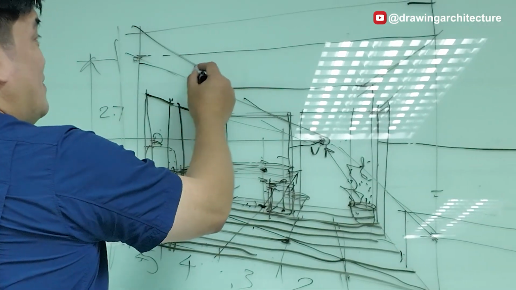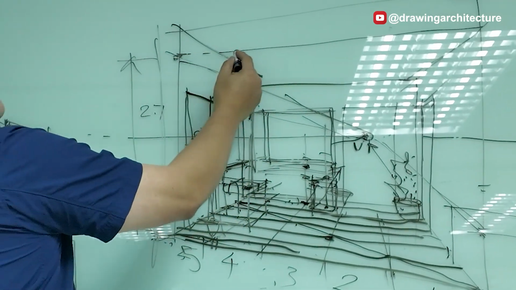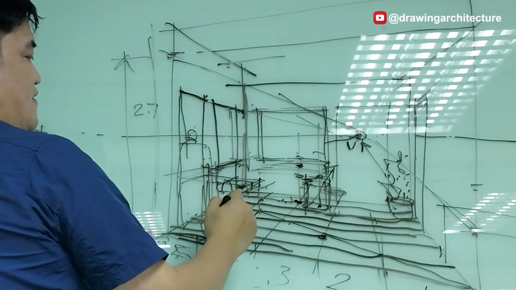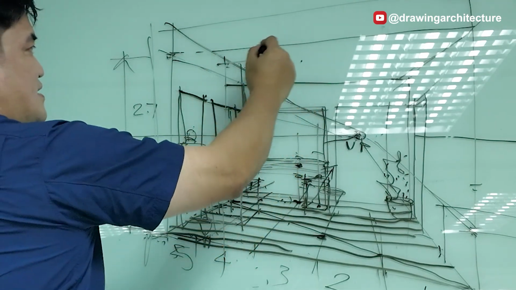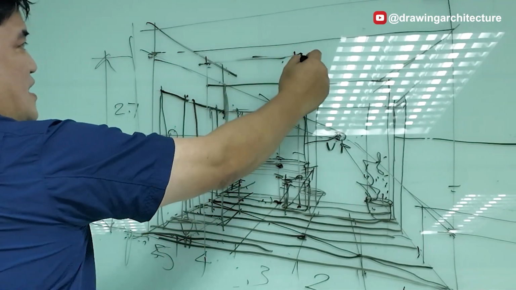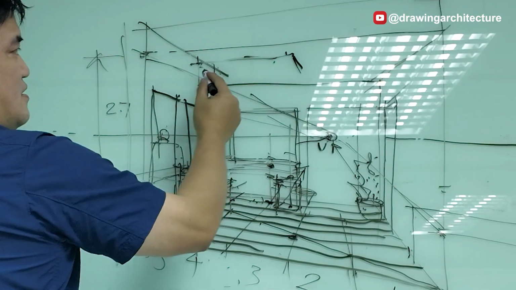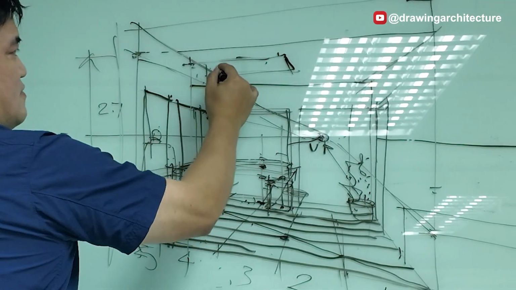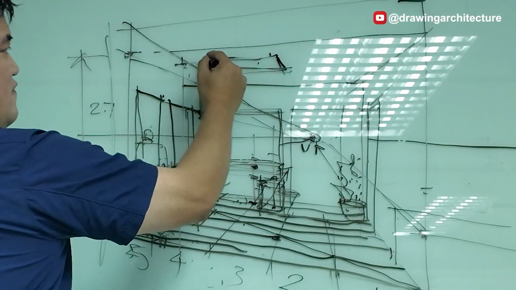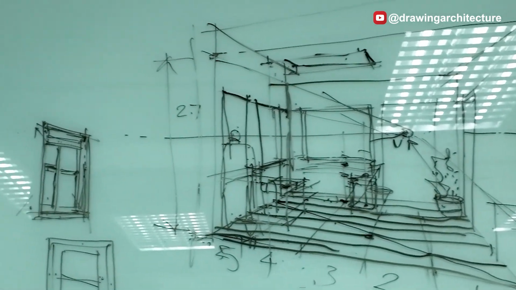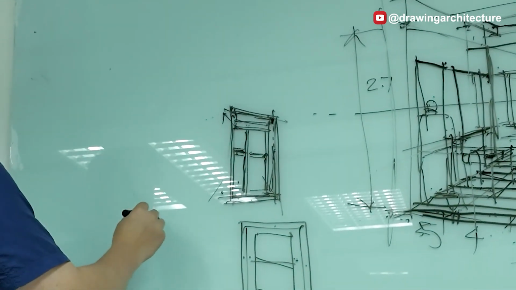Meron pa nga ako, di ba? Meron akong example dito of something like if you reference this as a grid, may, ano yun? Cove. Reference. Light cove. You know what a light cove is? In section. So this is a light cove.